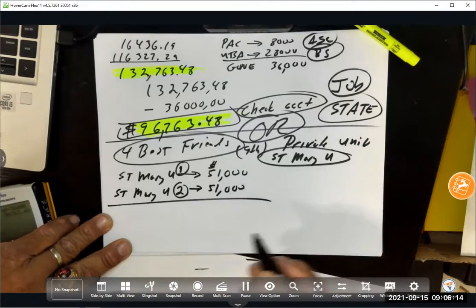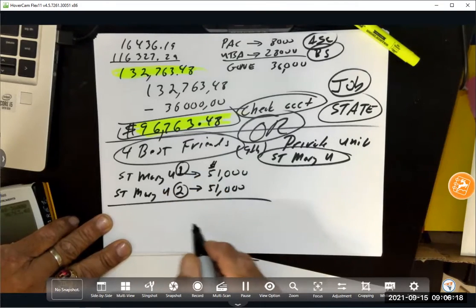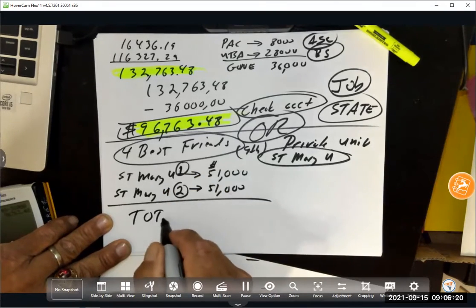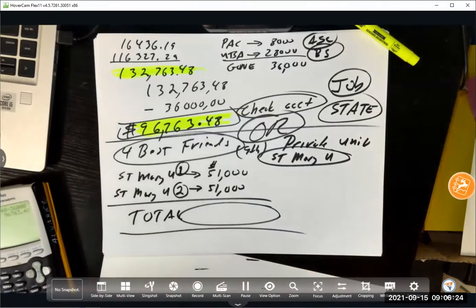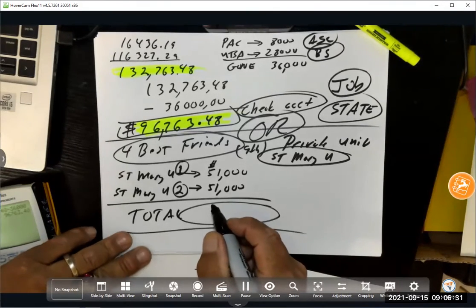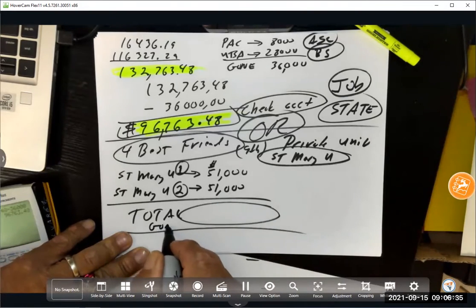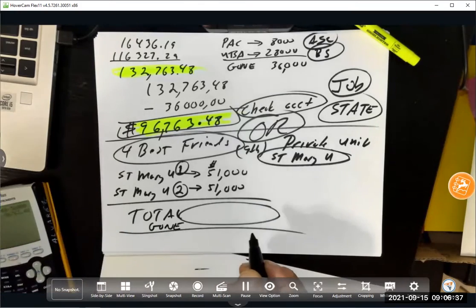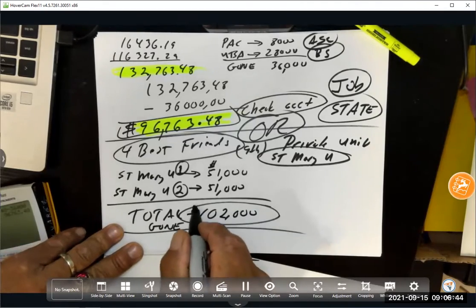So now, for 2 semesters at St. Mary's, how much do they take away from my checking account? Give me a number. What's 51,000 and 51,000? How much money is gone from my checking account if I go to St. Mary's? 102,000. $102,000 of my money is gone, right?